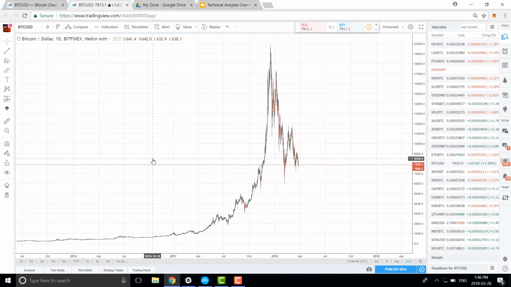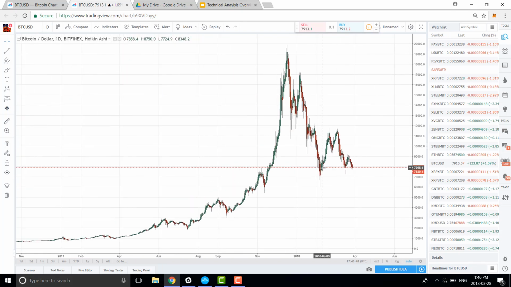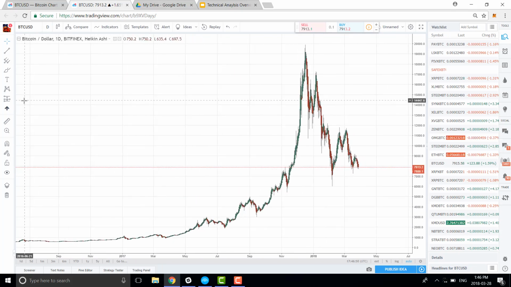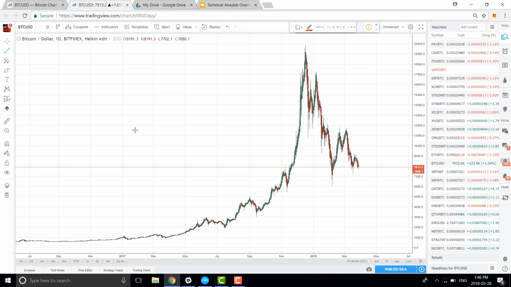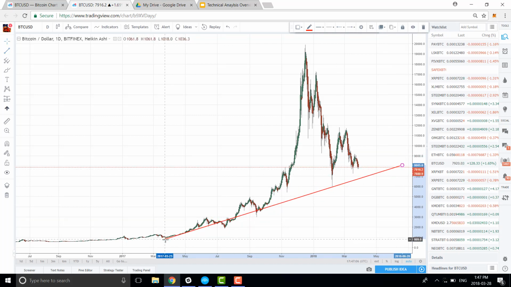Let's draw a trend. This is trending up. Even though it's come down, you can still see that the price is trending up. Let's take a line. Let's just do this, because that's where it hit, right here.